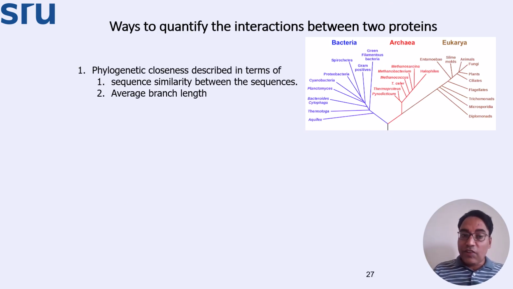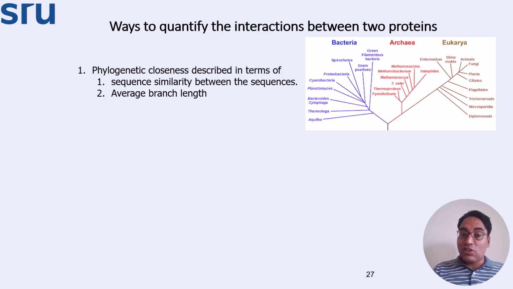Now see, what are the ways to quantify the interactions between two proteins? If two proteins are there, either by sequence or structure, different scoring methods have been developed. I am showing here a preliminary method which is actually used, very useful, and does not require too many calculations.